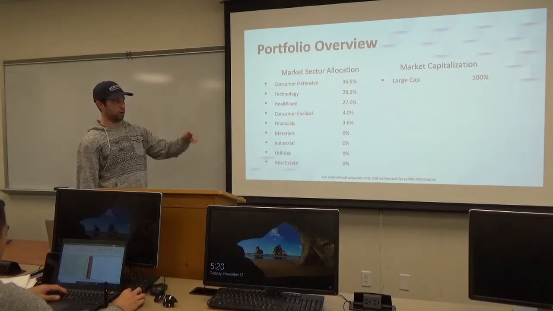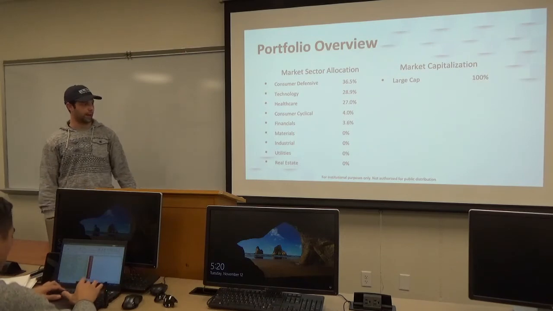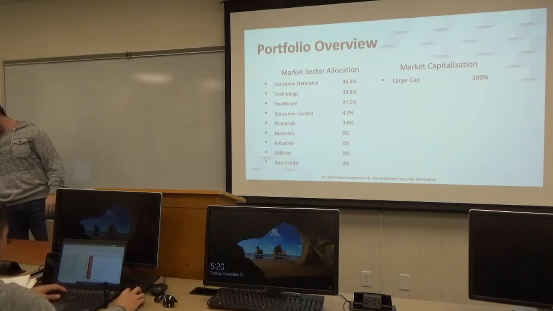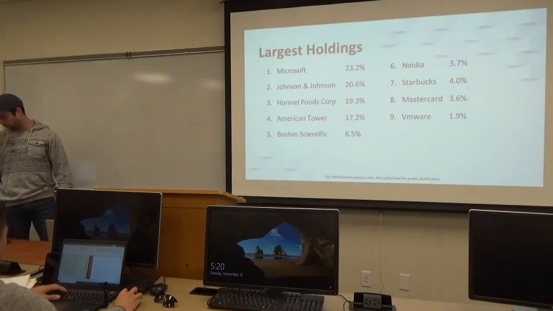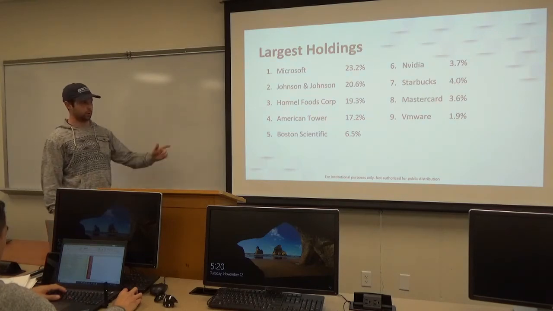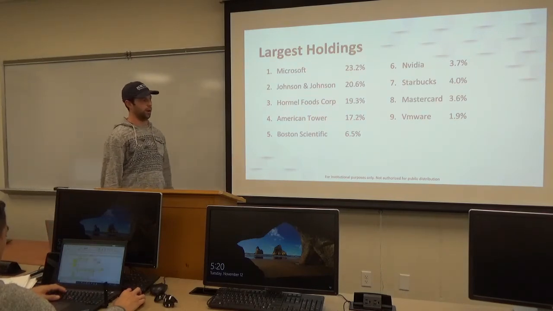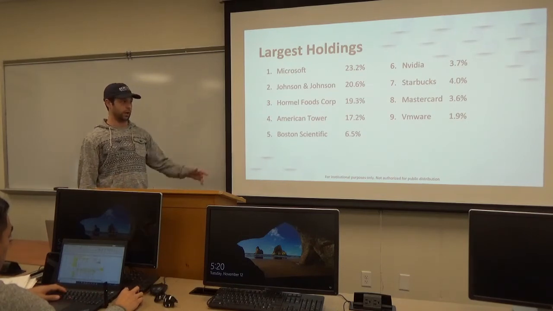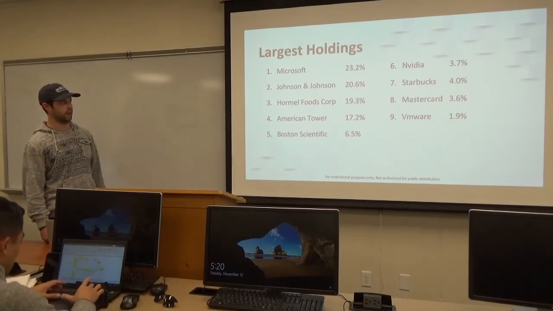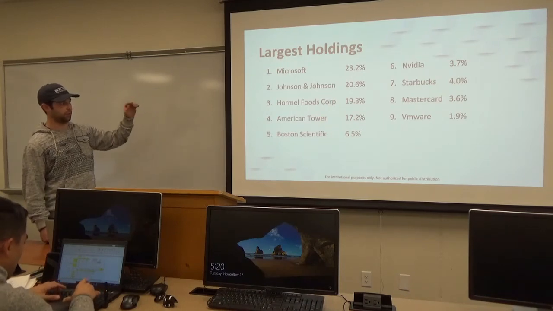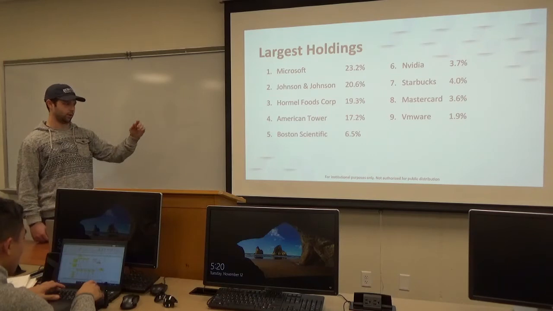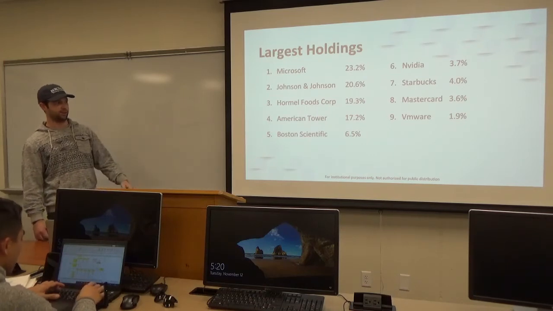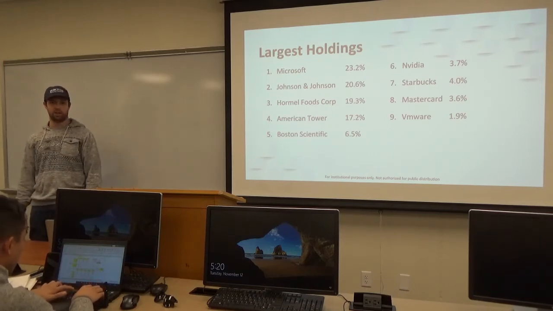All of our holdings are large cap, and our largest holdings here, these are the 9 stocks after we optimized our passive portfolio. These are the only 9 that came through with the weights there. Up top we have Microsoft, Johnson & Johnson, Hormel Foods Corp, AMT, American Tower, excuse me, Boston Scientific, NVIDIA, Starbucks, MasterCard, and VMware.